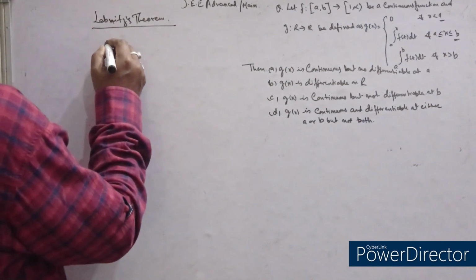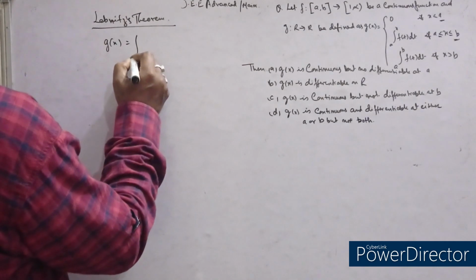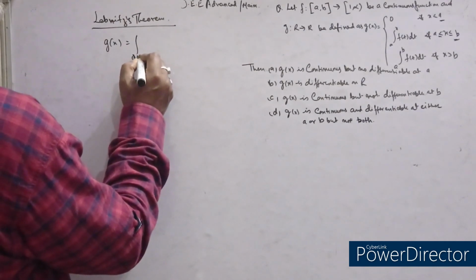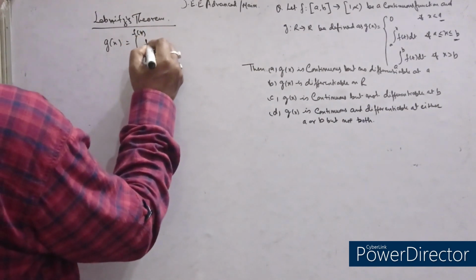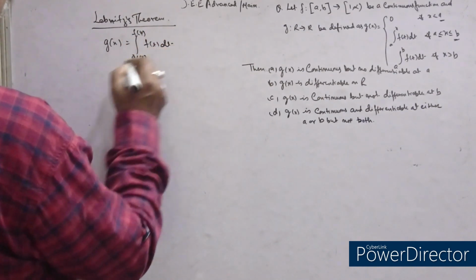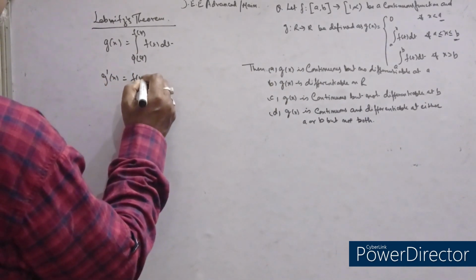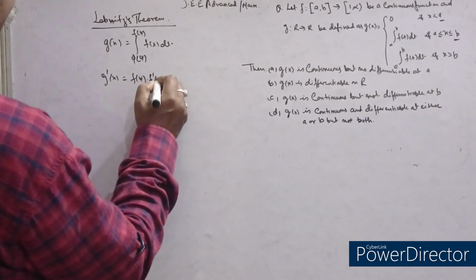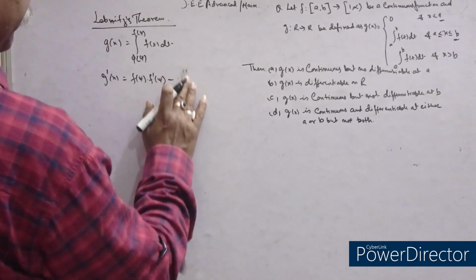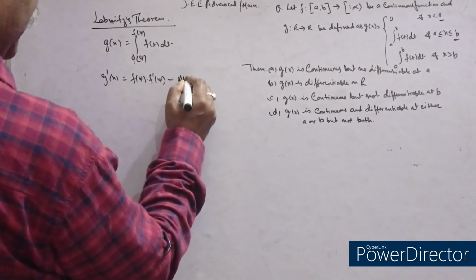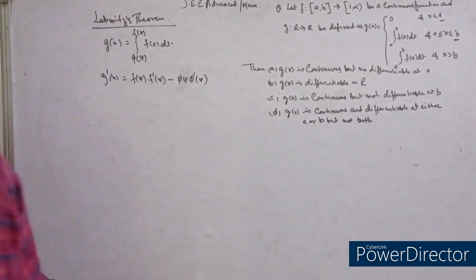According to the Leibniz theorem, if g(x) is the integral from phi(x) to psi(x) of f(t) dt, then g dash x will be f(psi(x)) into psi dash x minus f(phi(x)) into phi dash x. This is your Leibniz theorem.